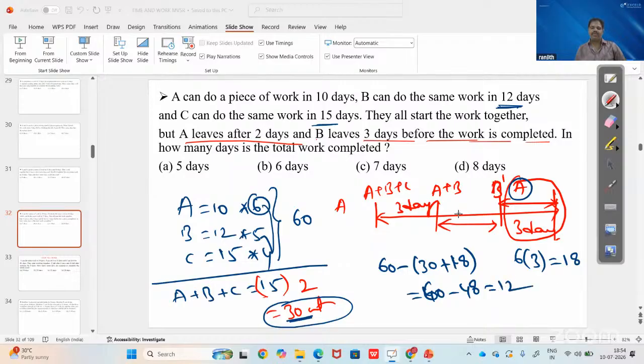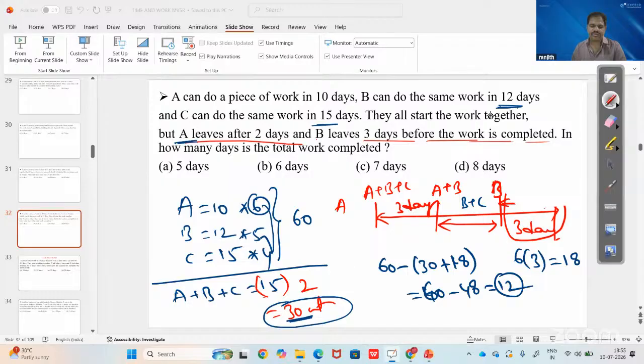So remaining 12 units of work is done by B and C together. Sorry, here A left, right?